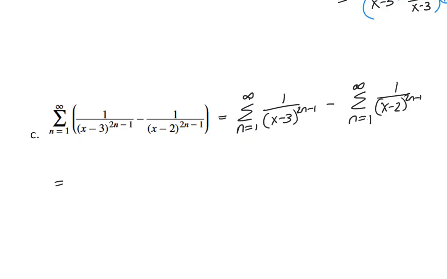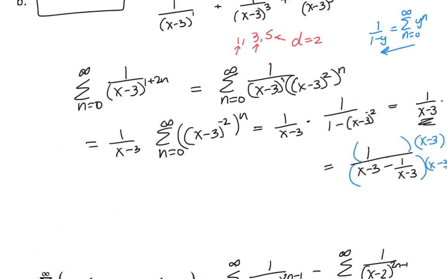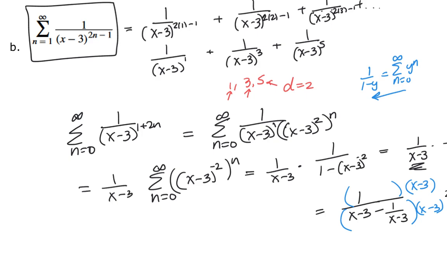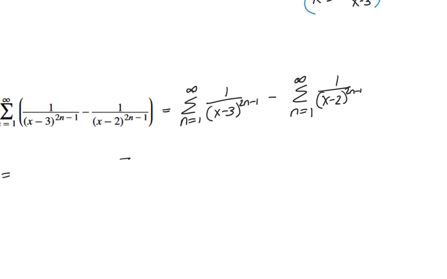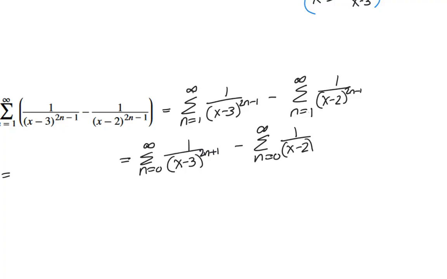Now, we just did one in which we started out with 2x minus 1, and to make that adjustment to move it over, we ended up having 2x plus 1. So we know, since we just did one that's similar, this is going to be the summation n equals 0 to infinity of 1 over x minus 3 raised to the 2n plus 1 minus the summation of n equals 0 to infinity of 1 over x minus 2 raised to the 2n plus 1.